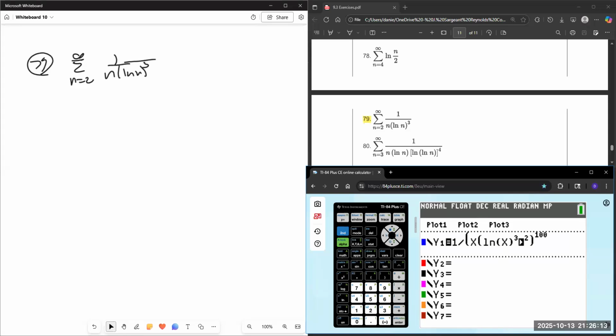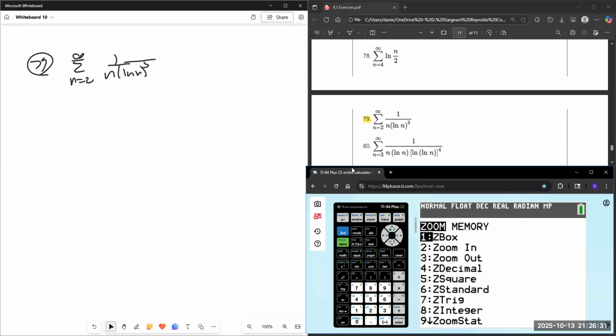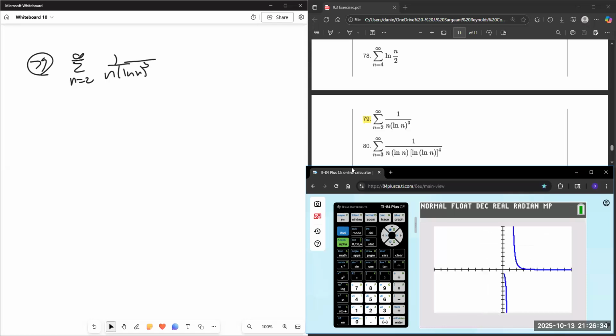We'll get rid of all this stuff over here. Zoom 6. So for n greater than 2, it certainly looks like it's positive, continuous, and decreasing there.